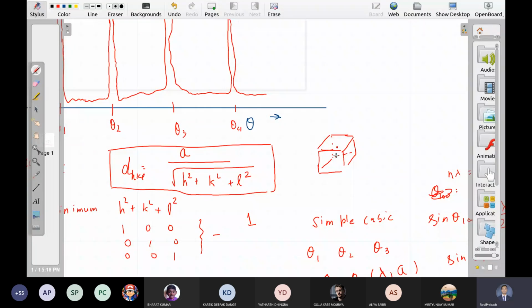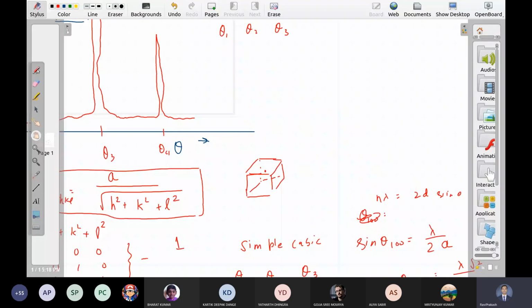Do you know what is the primitive version of BCC unit cell? Let me show you. It's not very easy to draw, but let me still try. So these are the three axes. I am going to make one unit cell on this side, conventional BCC cell.